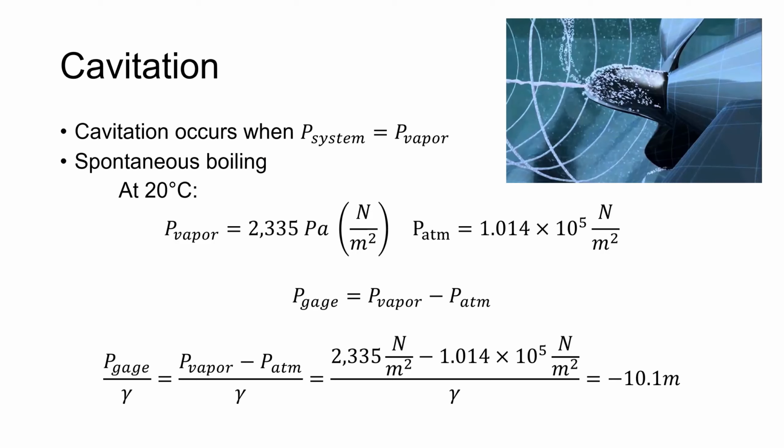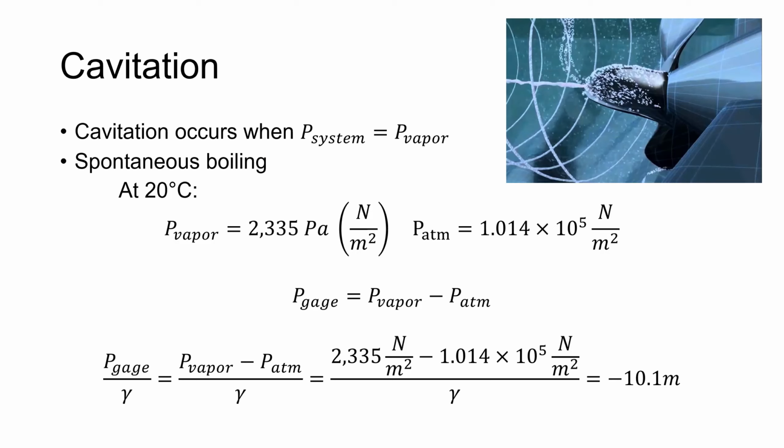So a general rule of thumb is to not design a system so that we fall below 2/3 of that value. And so that's about 7 meters or negative 7 meters of head. So from a design standpoint, that gives us a little bit of a safety factor. So in fact, we'll say, okay, we can design a system such that the pressure head does not go below negative 7 meters.